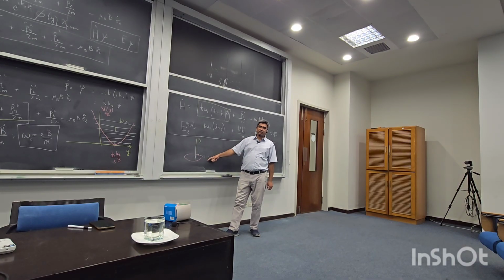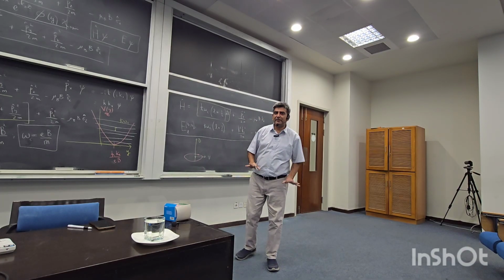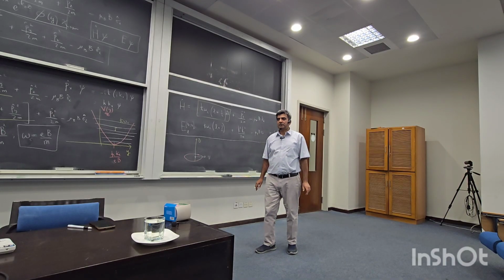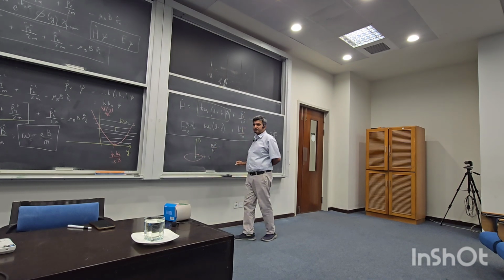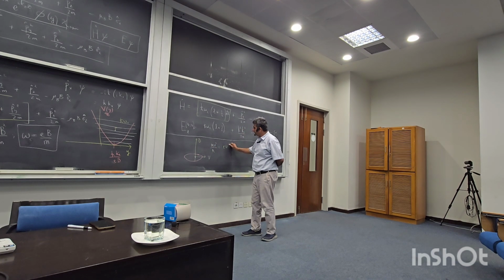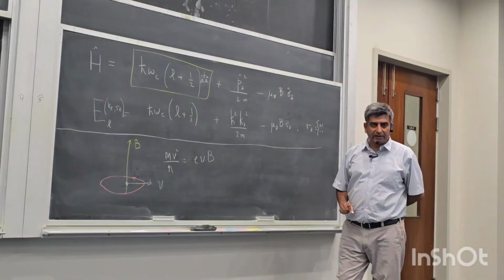How will we derive the angular frequency for this motion? Simple classical physics, A-level physics. Right, so what's the force? m v square over r, which is the centripetal force, equals the Lorentz force, evB. Correct?